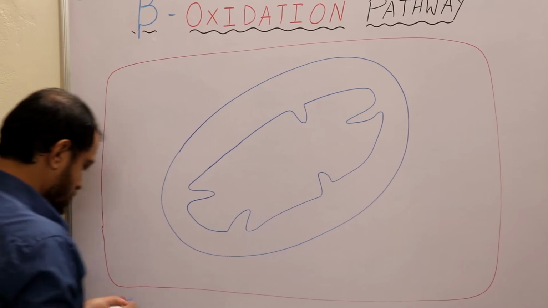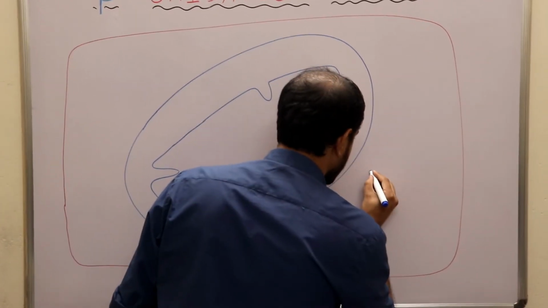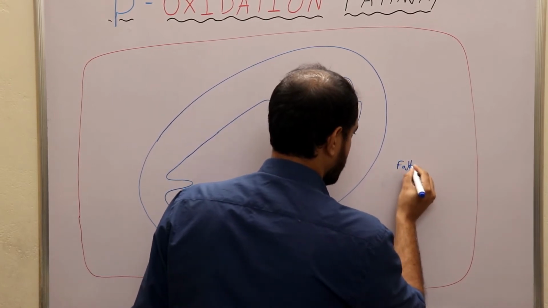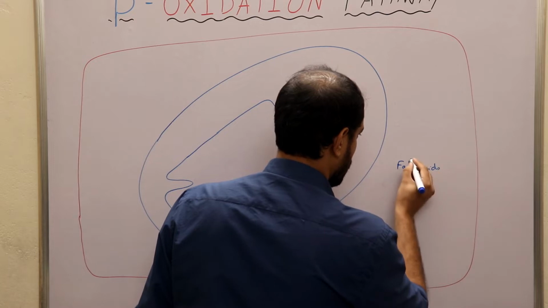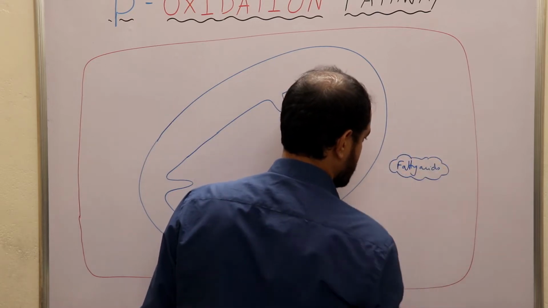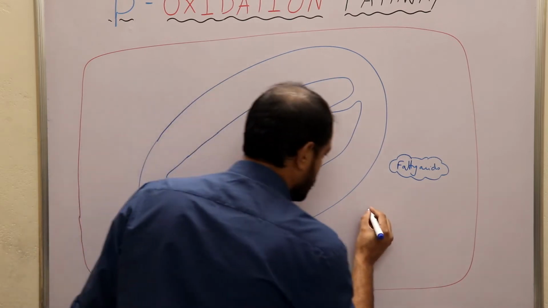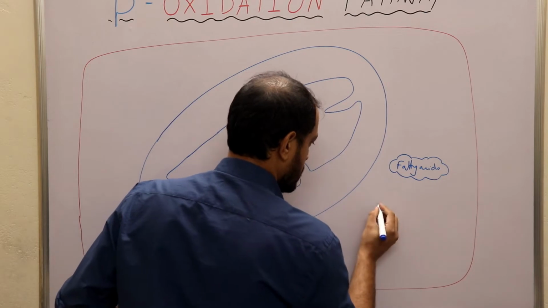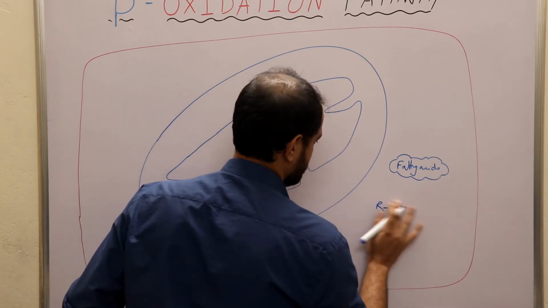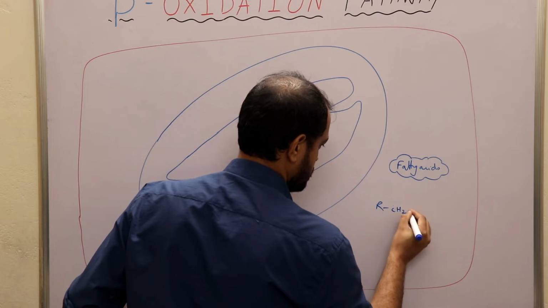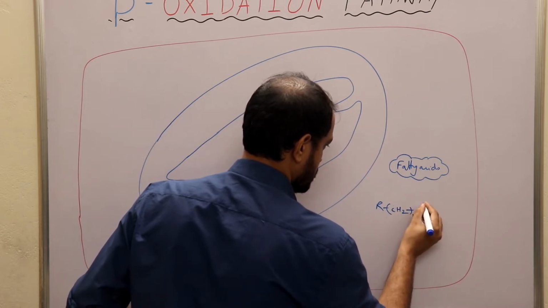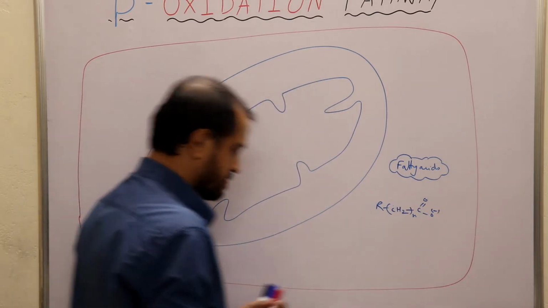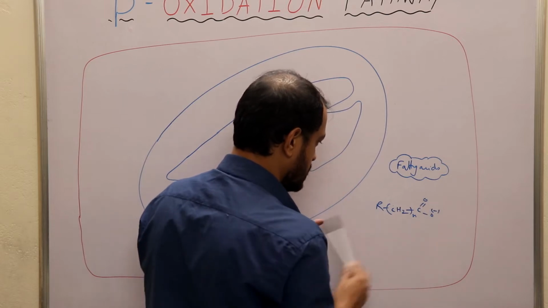Now we know that here there are fatty acids. Now where are we getting this fatty acid from? Now listen, what are acyl groups? Acyl groups are like this. These are acyl groups. That means they have a carboxyl end and an alkyl chain.